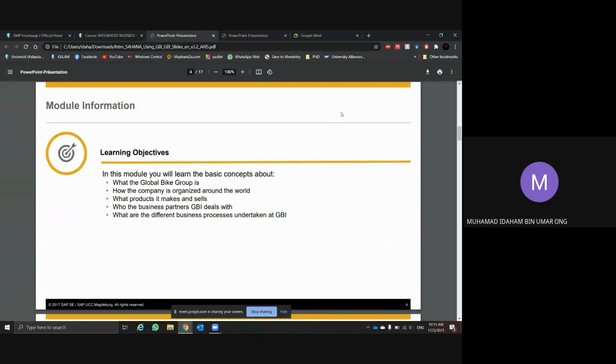GBI is short for Global Bike Incorporated. I'm going to basically use the term GBI rather than Global Bike, so take note of that. And at the end we're going to see the different business processes that are being undertaken by GBI.